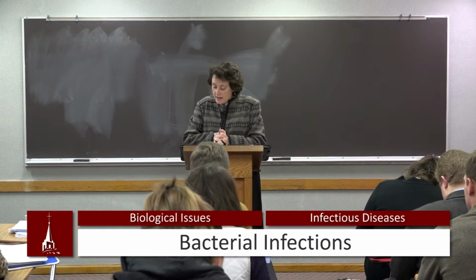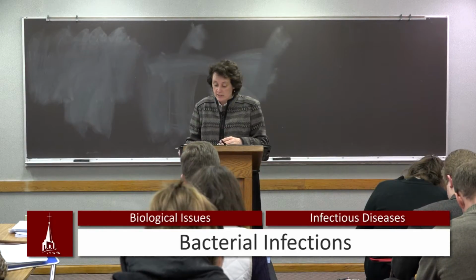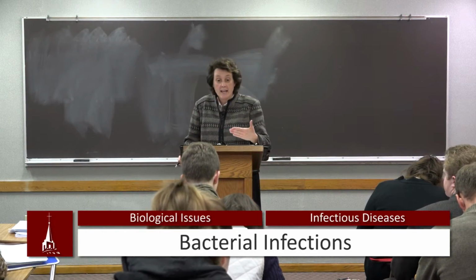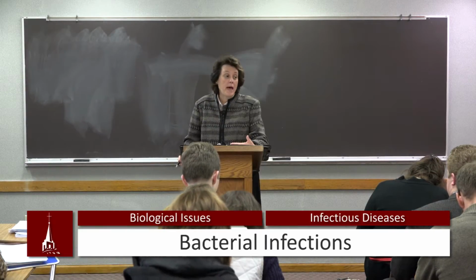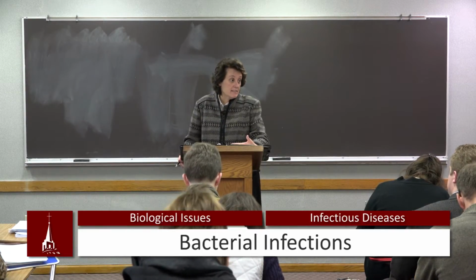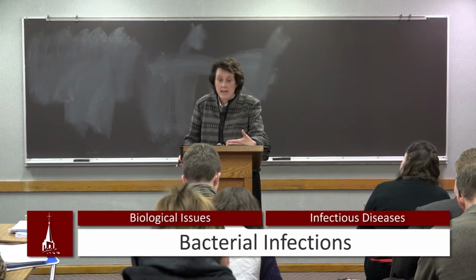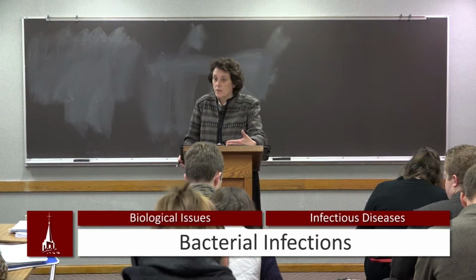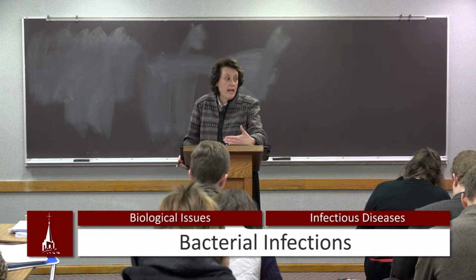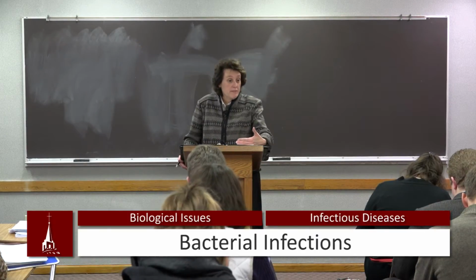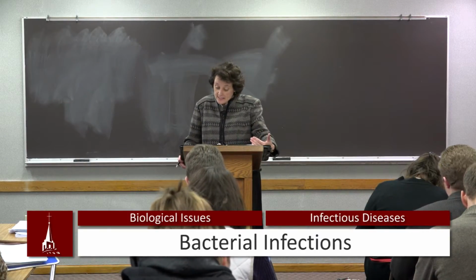For example, the Streptococcus pneumoniae that causes pneumonia has a capsule. The Bacillus anthracis that causes anthrax has a capsule. So then the immune system has difficulty handling it. So it's able to proliferate and cause disease.